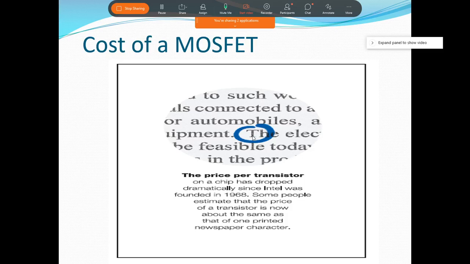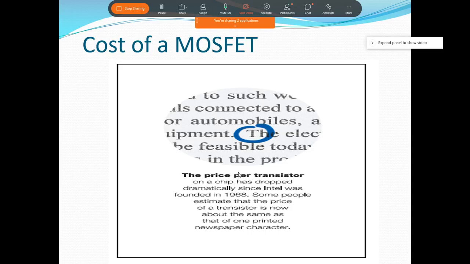In a laptop you are going to have billions of transistors, which is why it costs around 40,000, 50,000 or 60,000. A single transistor costs almost the same as printing one letter in a newspaper.